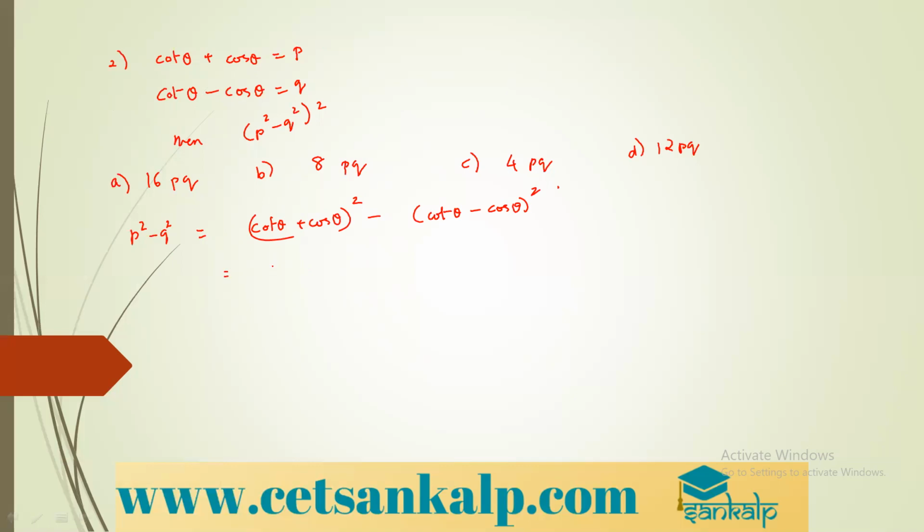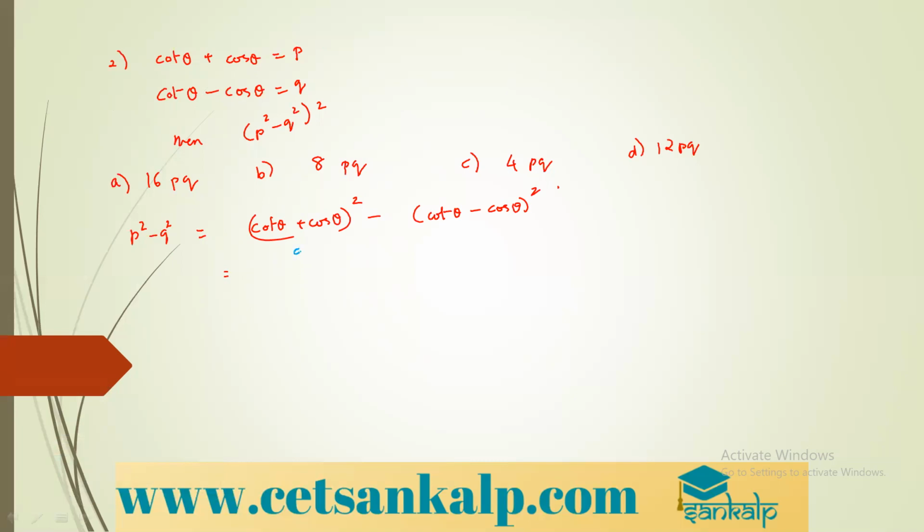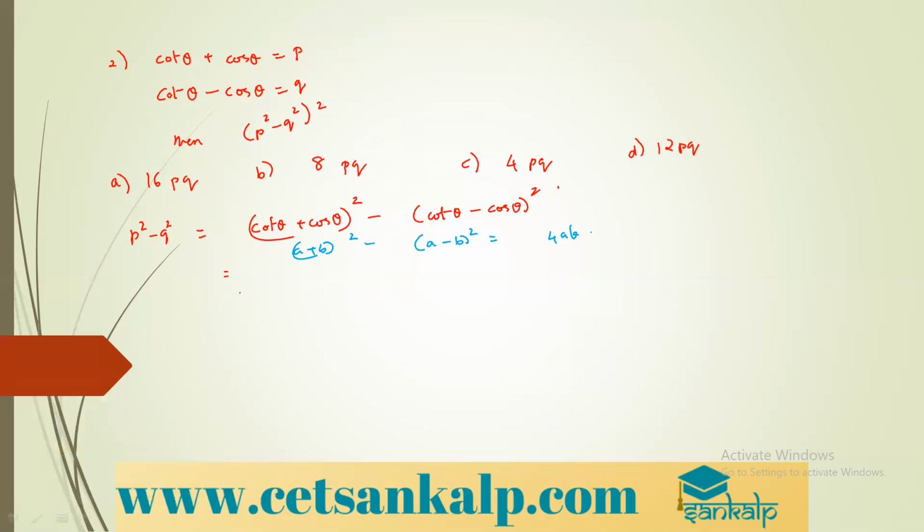I will be using the formula a plus b whole square minus a minus b whole square is 4ab. So here you will have 4 times cot theta into cos theta. Cot theta is cos theta by sin theta, and this is cos theta, so you have 4 cos square theta by sin theta.